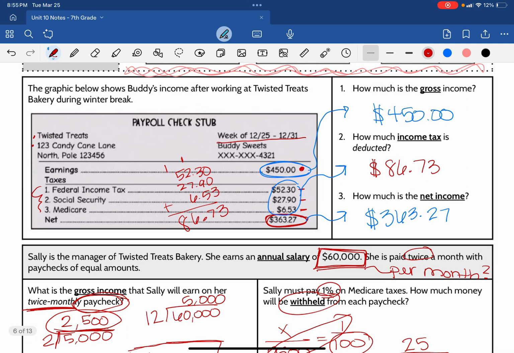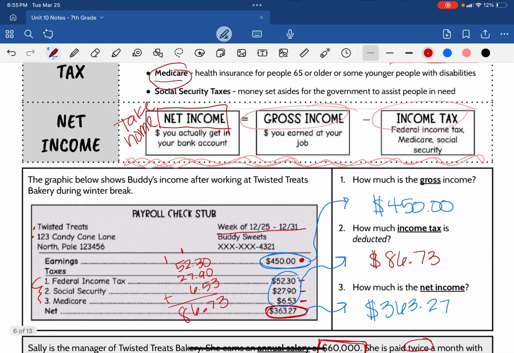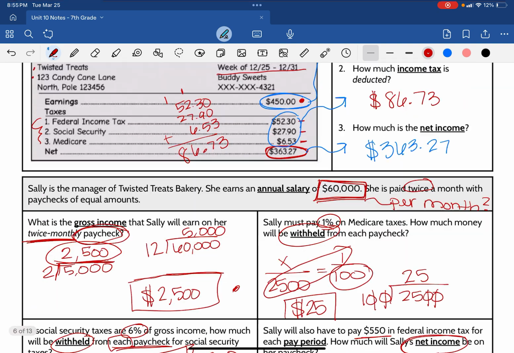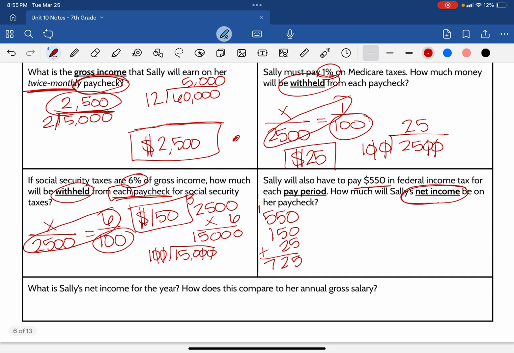Well, up here, net income is the gross minus the income tax. We have a gross of 2,500, and I'm going to subtract the income tax, which is 725. And that's going to give me my net income. So she is going to make $1,775 per paycheck. That is her take home. That's what she can use to go plan her budget now.